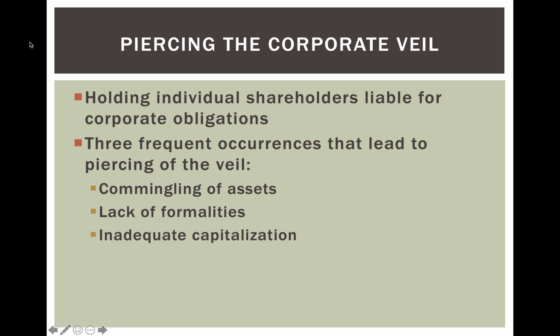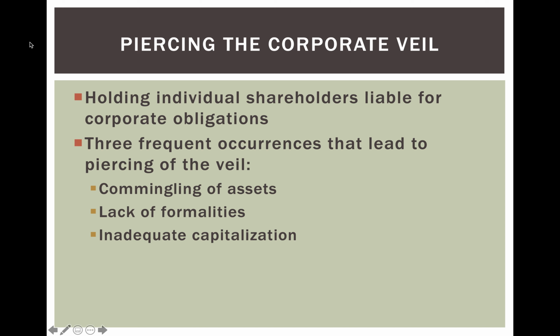So times in which this does happen is if the company is commingling assets, if the company is not really operating in a formal way that it should as a corporation, or if it is inadequately capitalized, meaning it does not have enough money to meet its responsibilities, then a court could essentially look at the corporation and say, you're really not behaving as a corporation because you're not truly abiding by the rules to operate in this way.